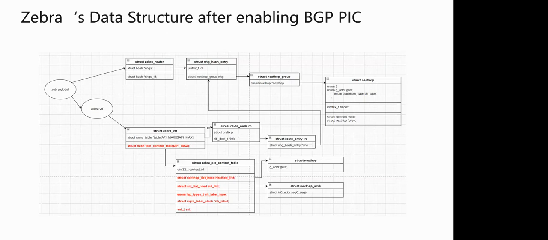This one will be similar to what you proposed. Basically, we want to use the Zebra CLI and the launching to enable or disable the PIC. Basically, PIC will not be able to run at runtime. Sure.